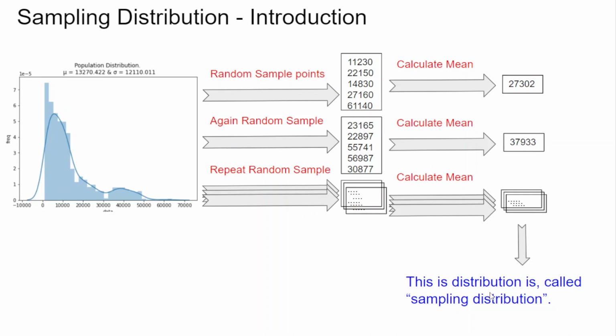So this is the first step to bring this irregular population data into a more regularized sampling distribution. I'll show you why it is regularized, and we'll talk about that as well. But for now, the idea is that we have randomly sampled, we calculated the mean, and the distribution of those means is called the sampling distribution.